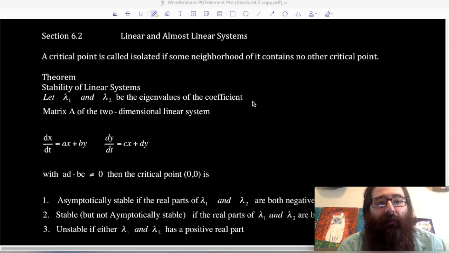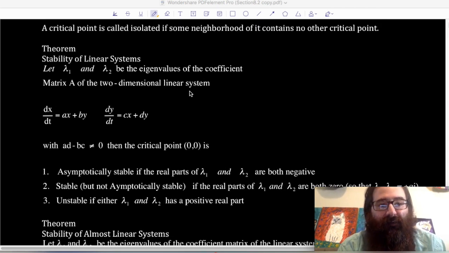And then we have a theorem for stability of linear systems. We say let lambda sub 1 and lambda sub 2 be the eigenvalues of the coefficient matrix A of the two-dimensional linear system. We have dx/dt is ax plus by, dy/dt equals cx plus dy, with ad minus bc not equal to 0.